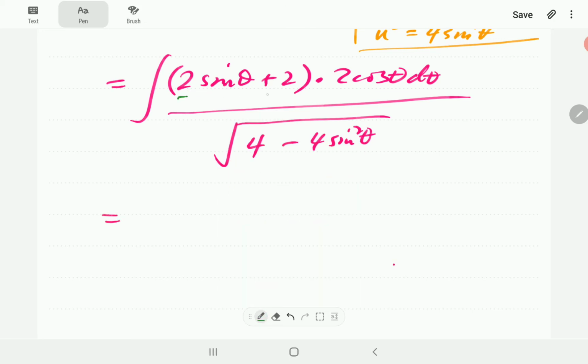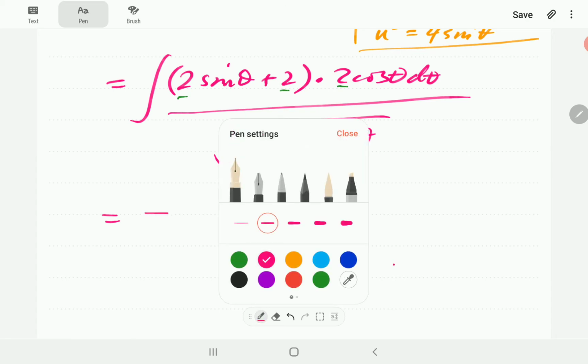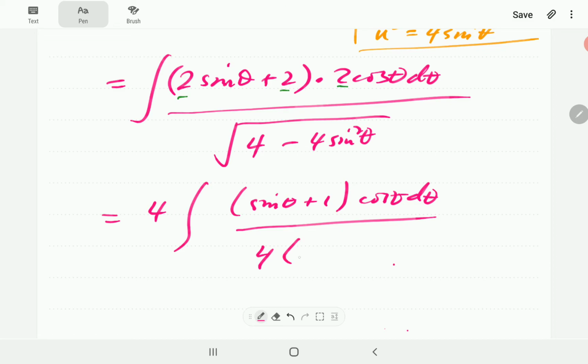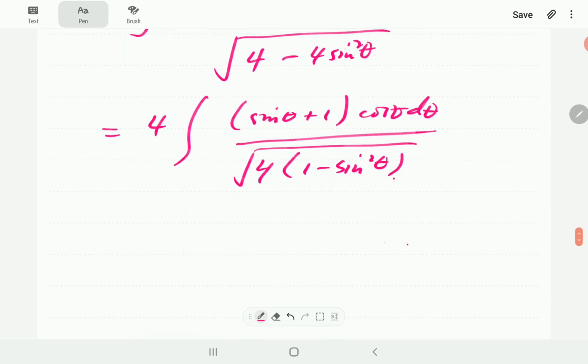There is 2 here and there, so that 2 we can factorize. It's actually 4. Then in the numerator we're going to have sine theta plus 1 times cosine theta d theta. Inside the square root we can factorize 4, so that is going to be square root of 4 into 1 minus sine squared.